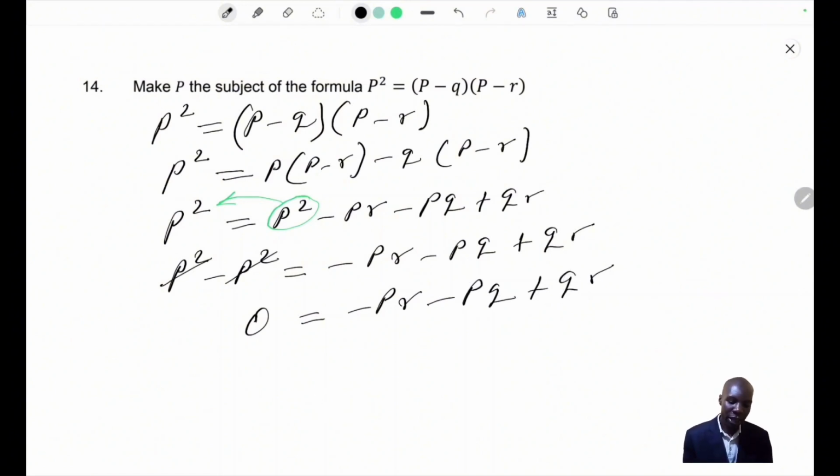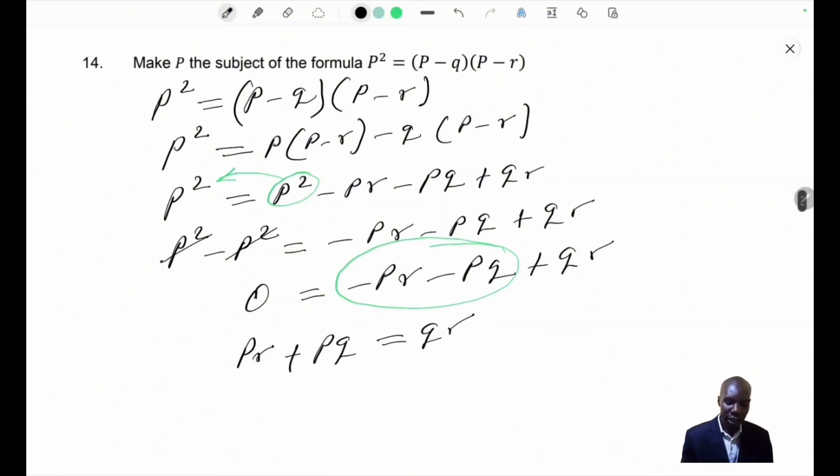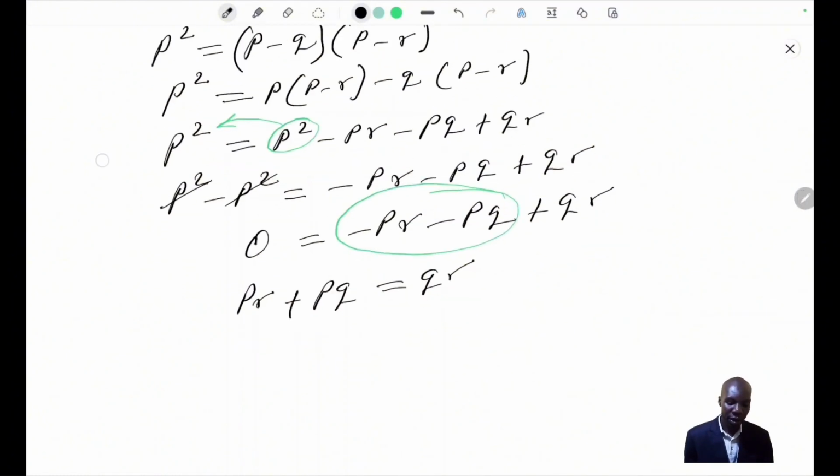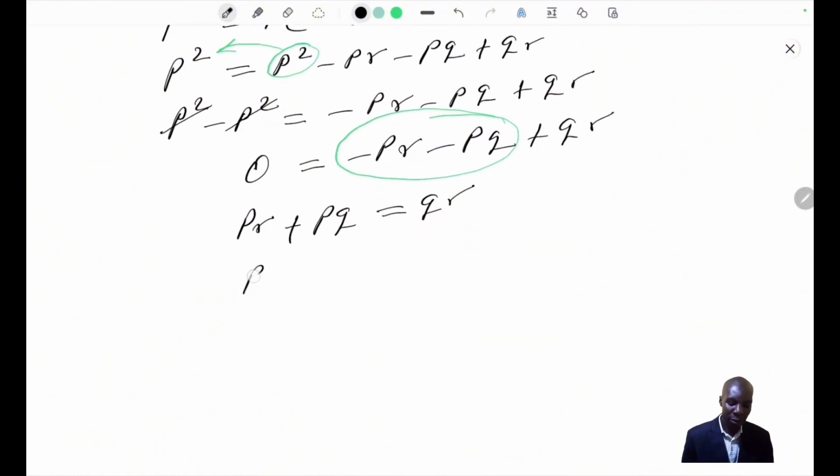Then if you bring the two on the left hand side, we are going to have PR plus PQ should be equal to QR. So from here we can see that P is common, P in bracket R plus Q should be equal to QR.